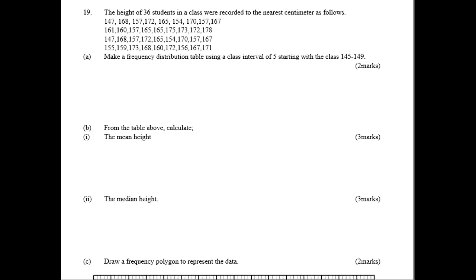The half of 36, 36 divided by 2, is 18. 18 is found in the class that carries 25.